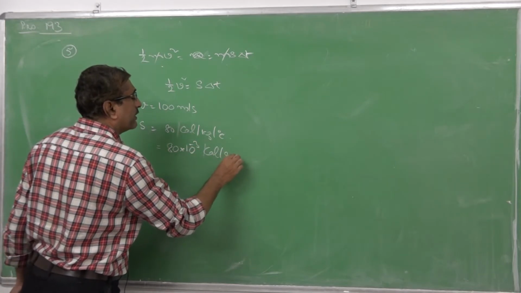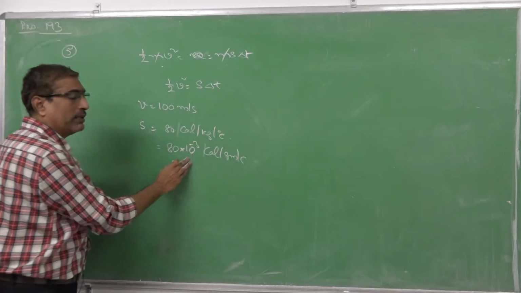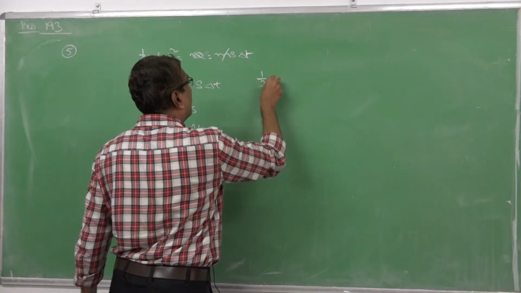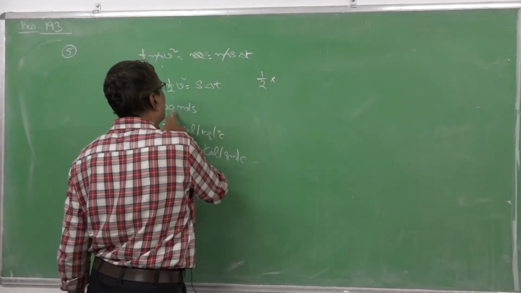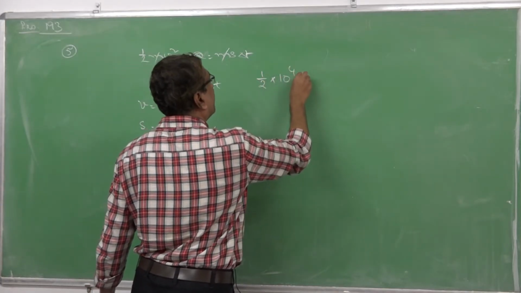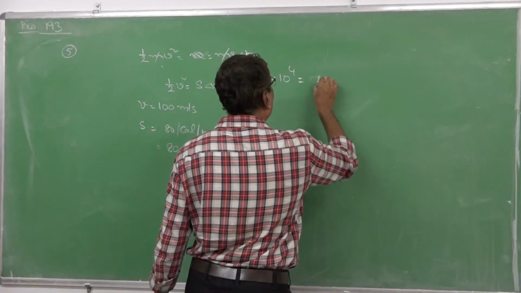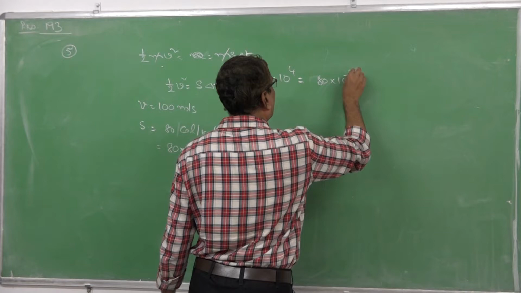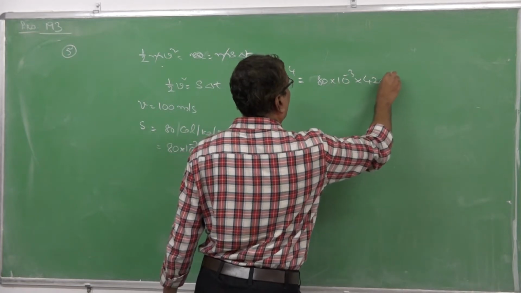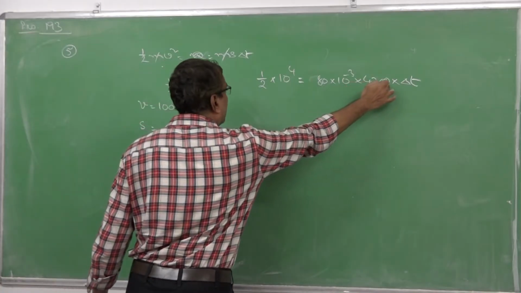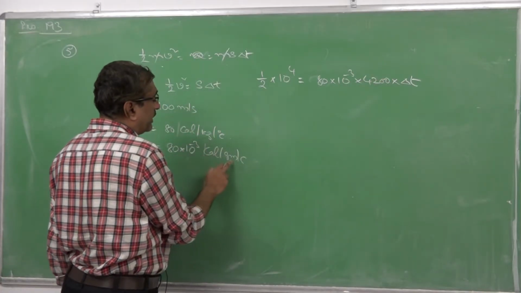Now we can convert into SI unit by multiplying with J. So now directly we can write half v square, 100 square, 10 to the power 4, is equal to s, that is 80 into 10 to the power minus 3 into 4200 into delta T. By multiplying with 4200 we convert into joule per kg per Kelvin.